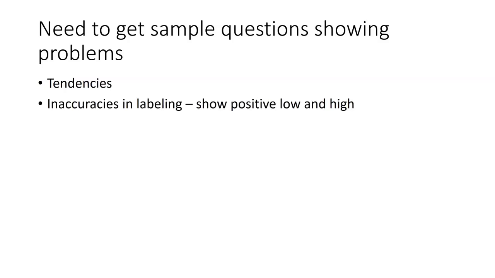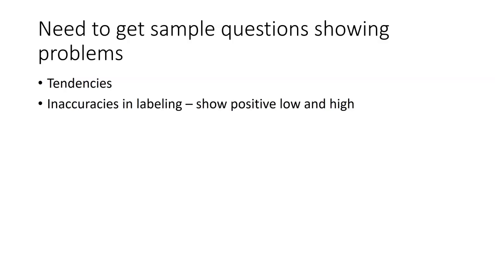When you look at these, you need to get sample questions that will give you indications of which way things are going. It says we often look for tendencies in there. And sometimes a tendency will show you that there may be a problem with the question, or there may be something else going on. You want to look at inaccuracy.